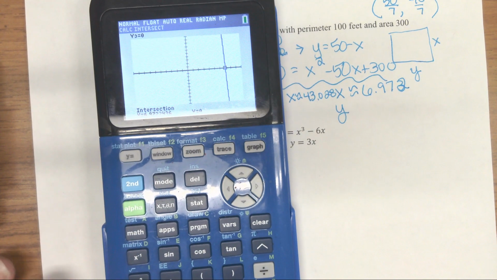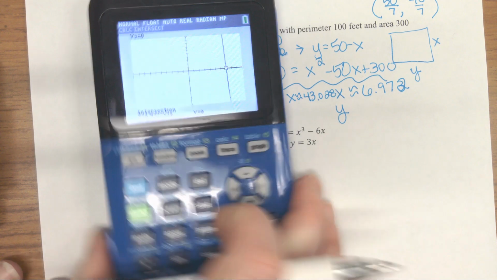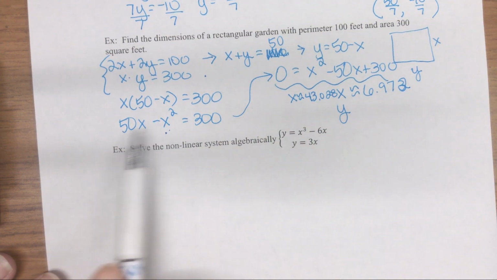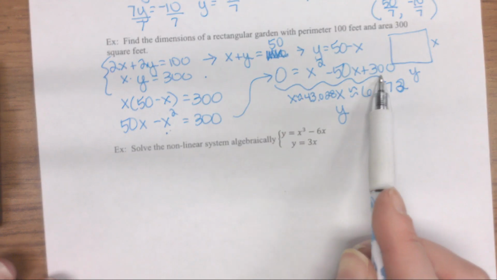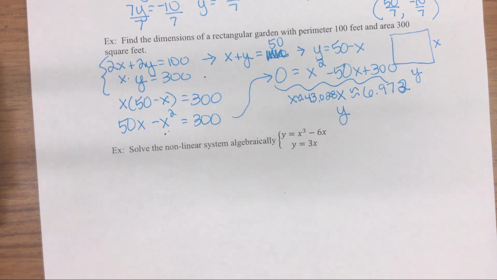Question? Yeah, isn't it negative 300? Isn't it minus 300? I actually moved these two things to the other side. But if you did it the other way, you would get x squared plus 50x minus 300, but it should give you the same solutions. Okay?